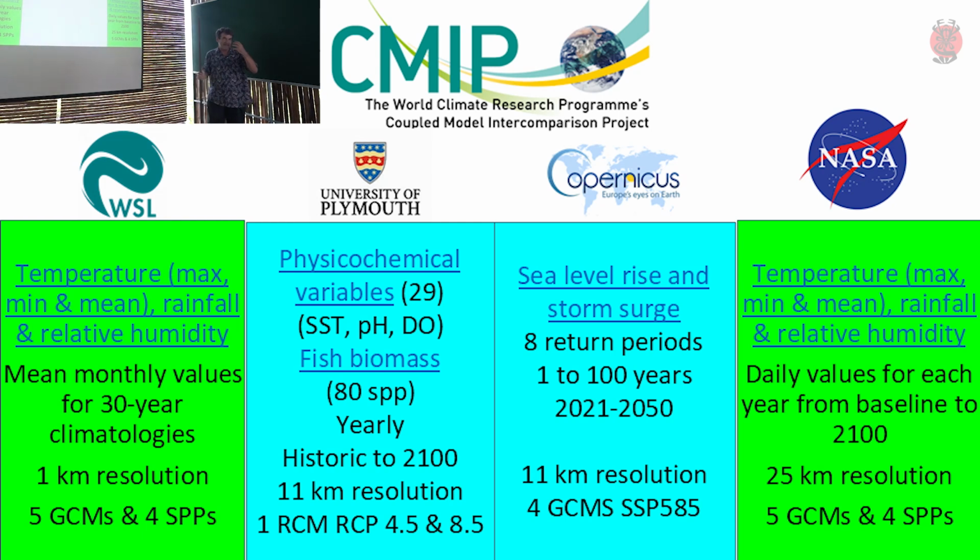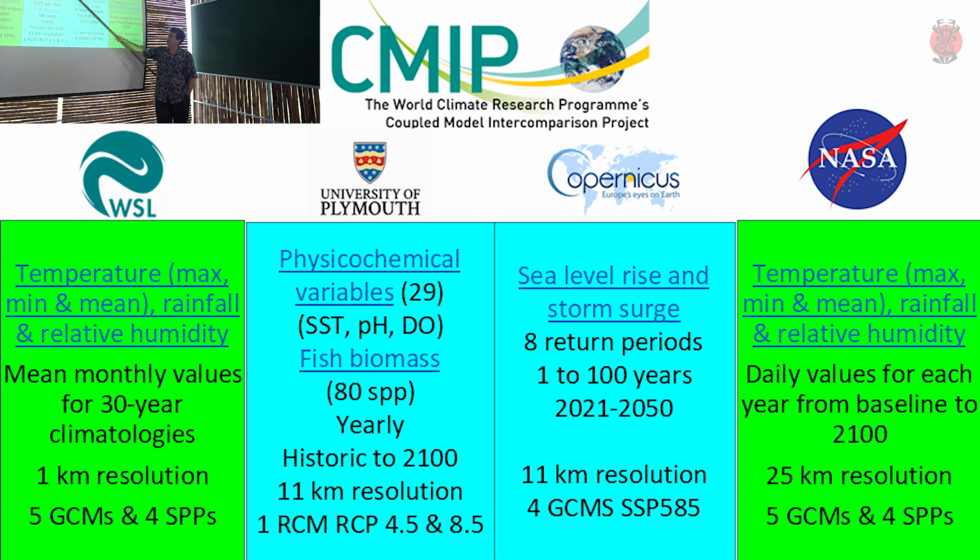We've also been scavenging as much as we can for the marine environment. We got a data set from the University of Plymouth of the physical chemical variables. They have 29 variables, but so far we've only processed the sea surface temperatures, the pH and dissolved oxygen.